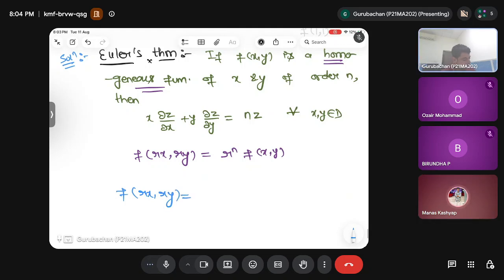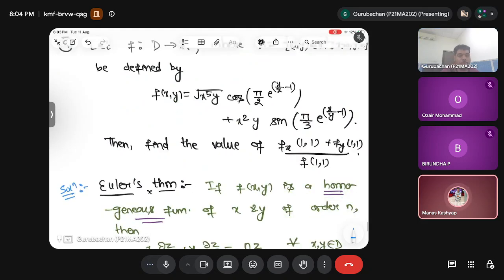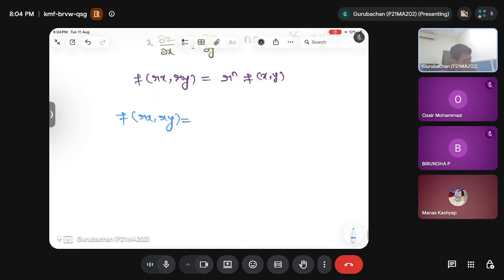The term present inside cos or sine is not homogeneous? The e to the power that one, yes, the r will cancel out. So if you check, this will give you r to the power 6, so degree 3.